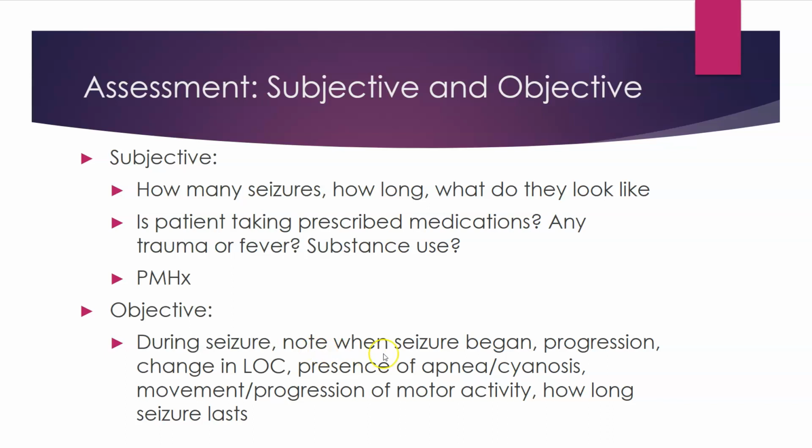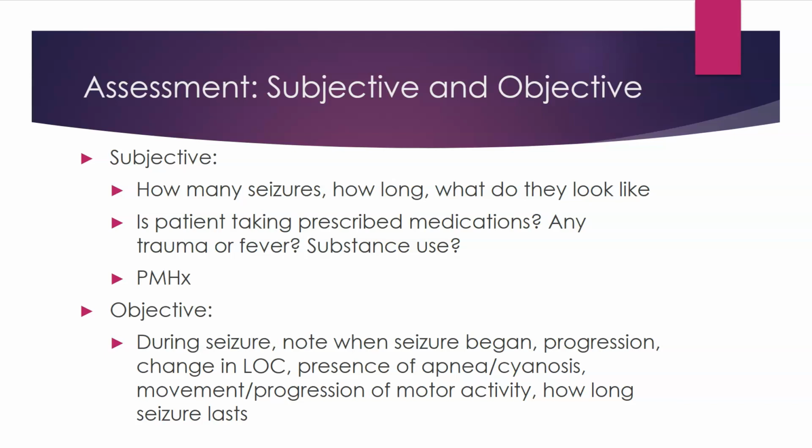Objective, so during a seizure, when did it begin? How did it progress? Were there changes in level of consciousness? The more that we can document these things, the more it will help the neurologists and others who deal with this understand what type it is and the best treatment modalities for it. Did it start on the right side or the left side, or was it bilateral? Was it generalized tonic-clonic, or one particular area?